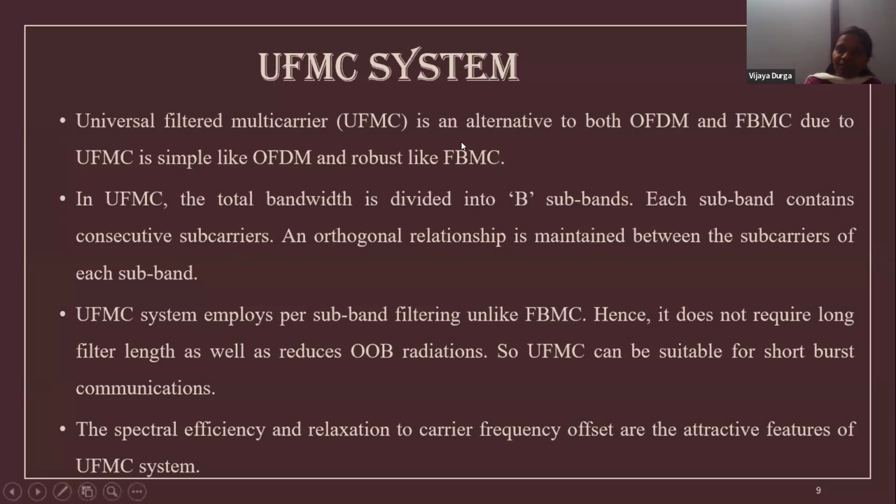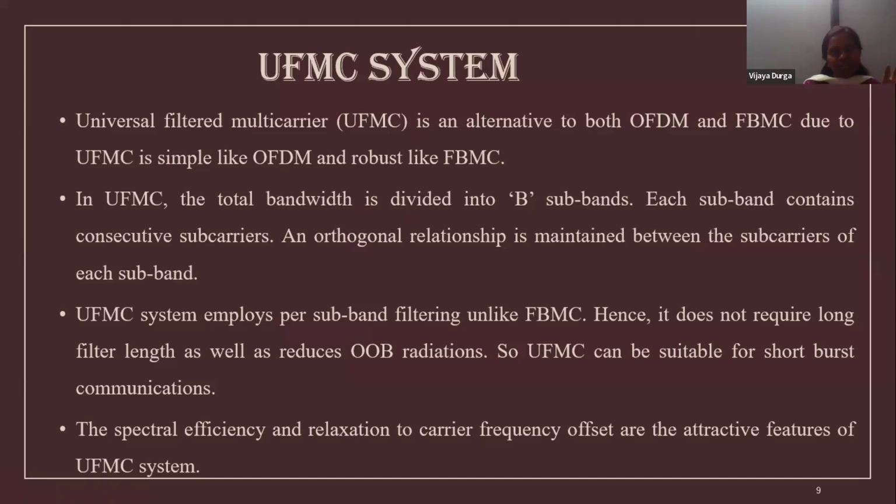Universal Filtered Multi-Carrier is an alternative to both OFDM and FBMC, because UFMC is simple like OFDM and robust like FBMC. In UFMC, the entire bandwidth is divided into subbands. Each subband contains consecutive subcarriers.